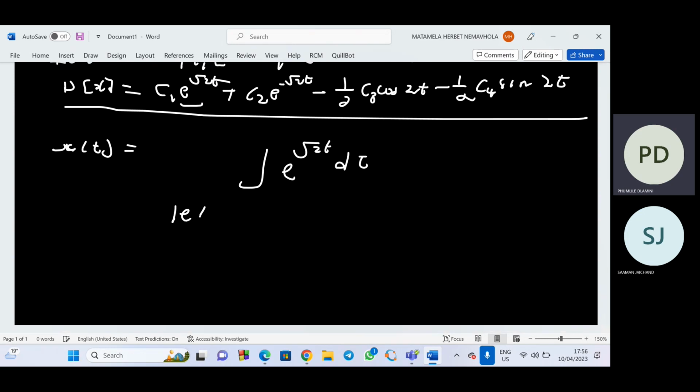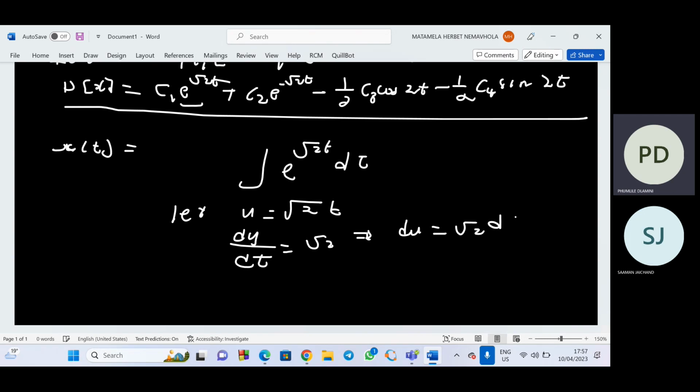You can let u equal square root of 2t, then du over dt is going to be equal to square root of 2. After that, you can multiply both sides by dt, then du is going to be equal to square root of 2 dt. Then you divide by square root of 2, and you have 1 over square root of 2 du equals dt.